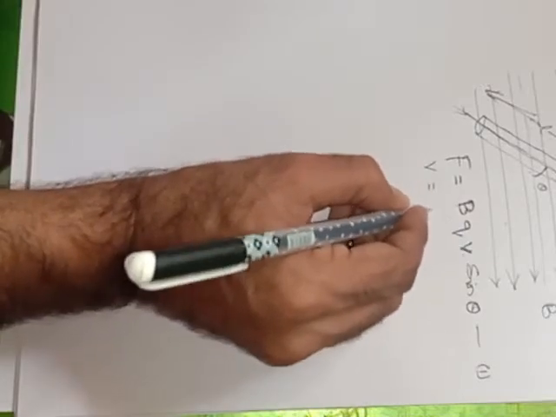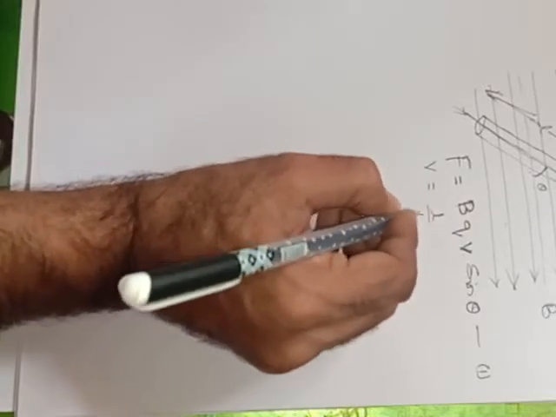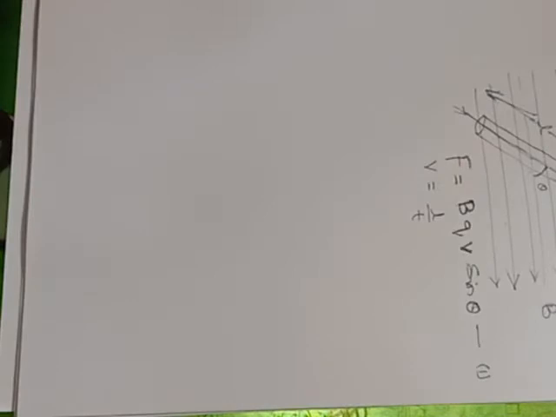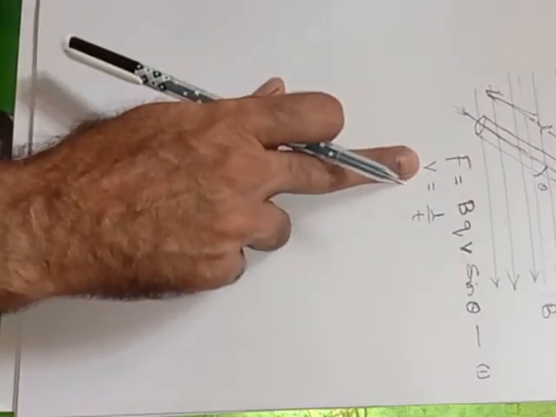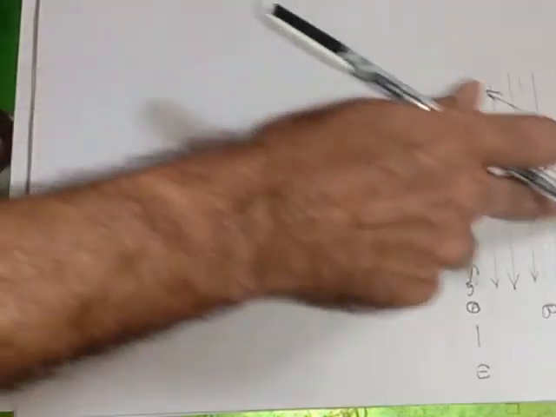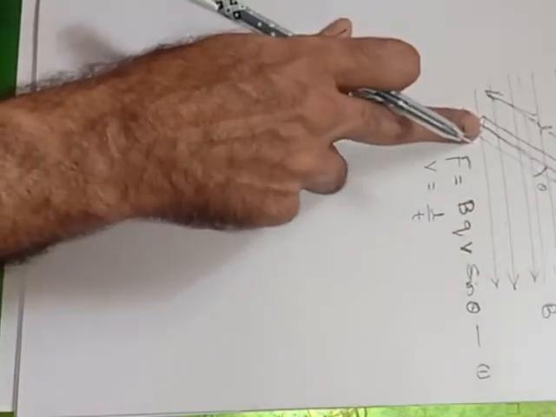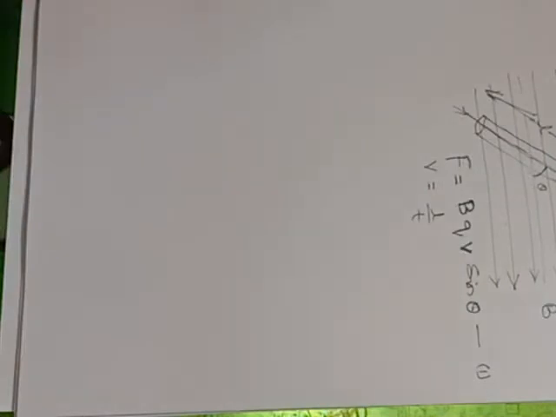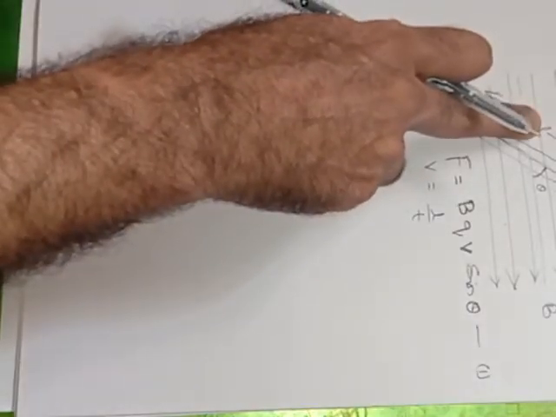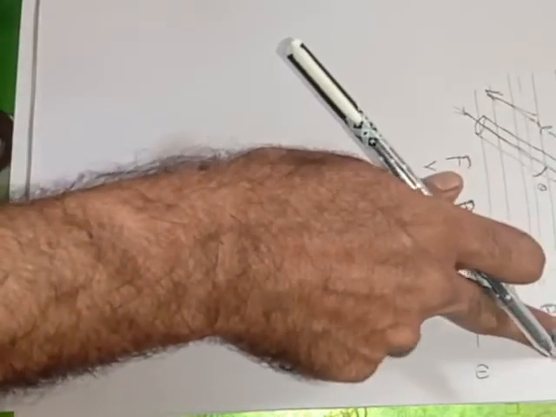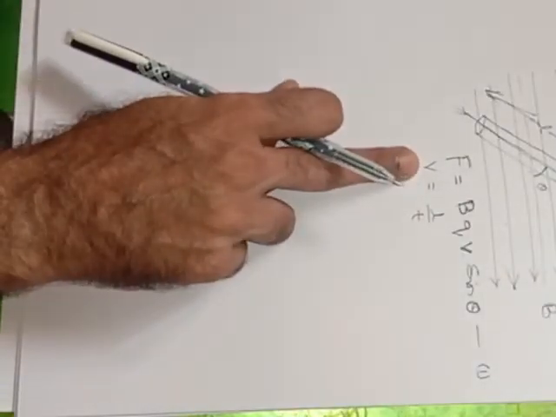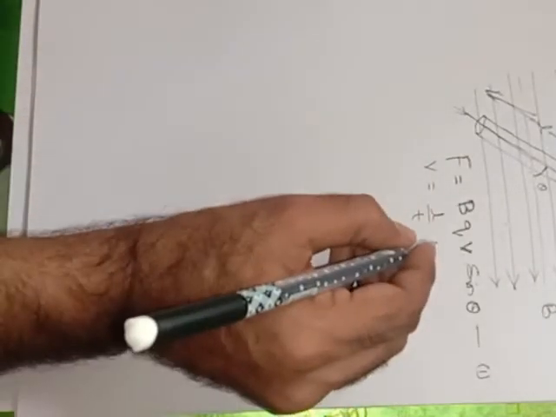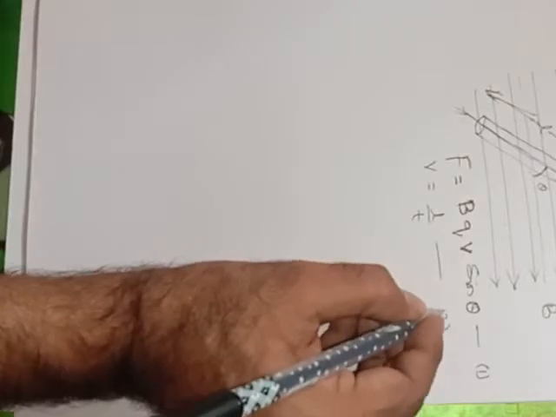Total length divided by time. Clear? So the velocity of the charge flowing through the conductor whose length is L for a time t can be calculated as L by t. We can give this as equation number 2.